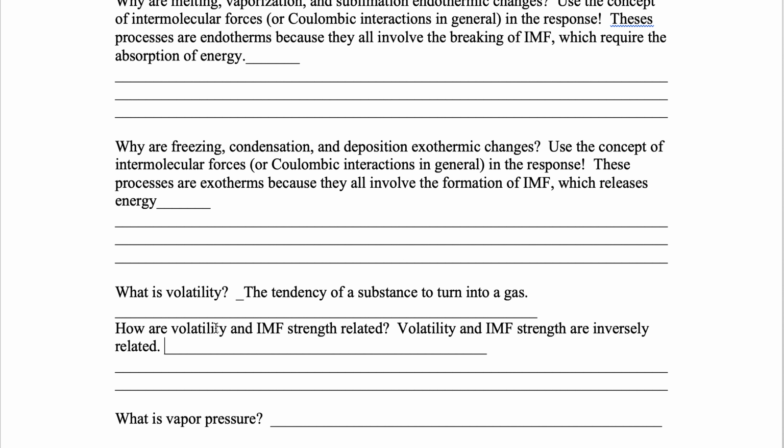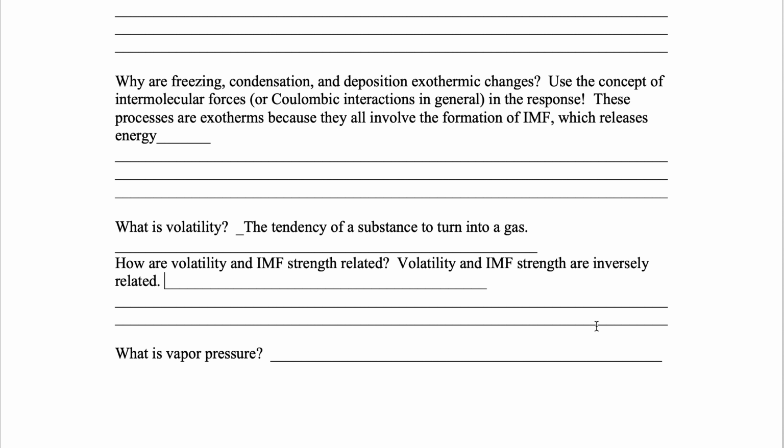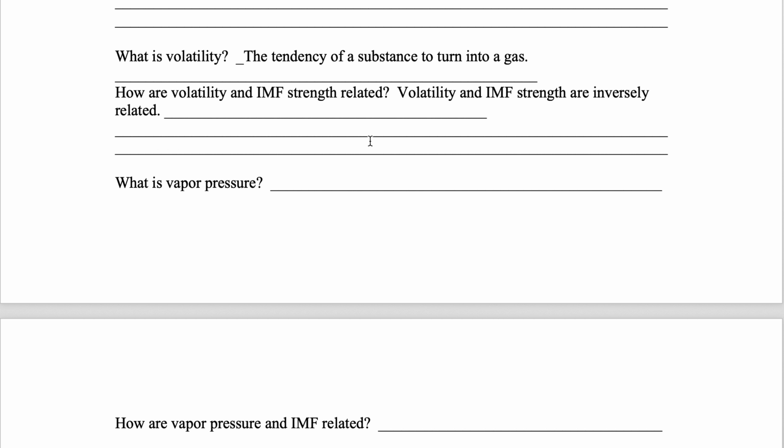And I will reply, and question mark X. What about when IMF strength decreases? Which would be the follow-on question. And so to avoid having to say all that, if one says inversely related, then you've said everything that needs to be said.